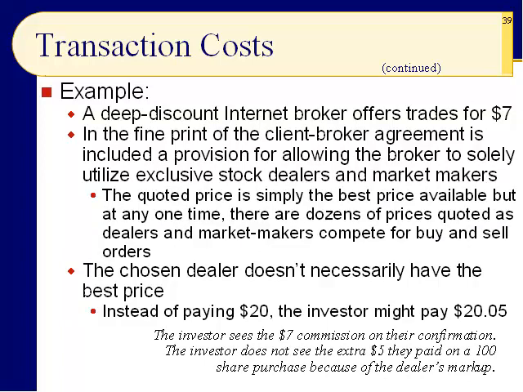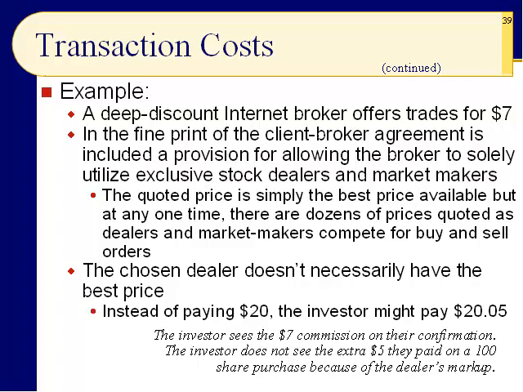An example, a deep discount internet broker, which will remain nameless, Scottrade, offers trades for $7. Now, in the fine print of the client-broker agreement, which you didn't even read, you clicked on there and said, yes, I read it, is included a provision for allowing the broker to solely utilize exclusive stock dealers and market makers. Remember the discussion from the previous chapter? Right. The quoted price that we see is simply the best price available.